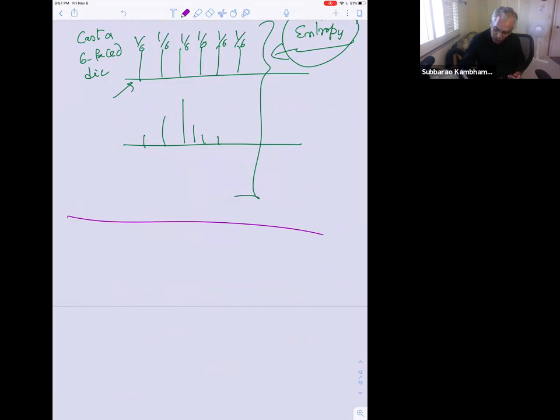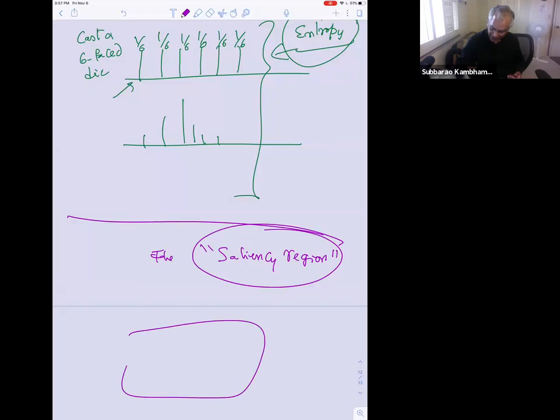What they had to do is ask the system to show the saliency region. That means you show this, and you have a picture like this, right?